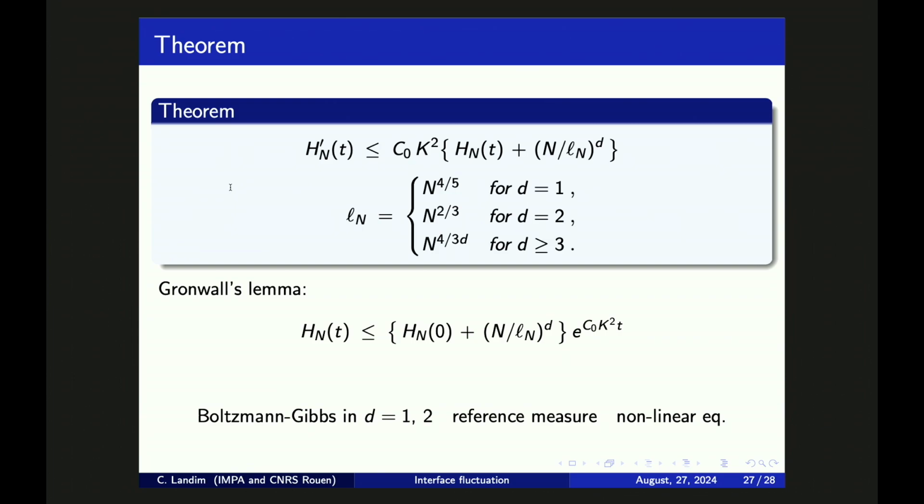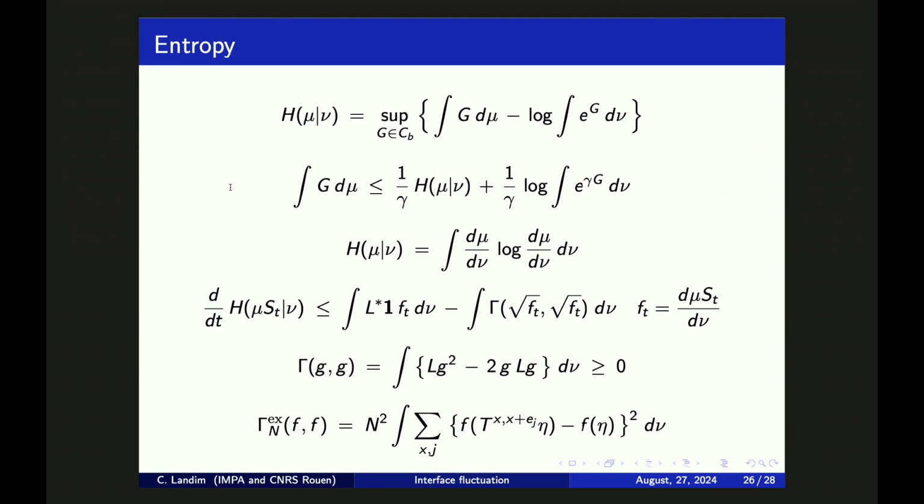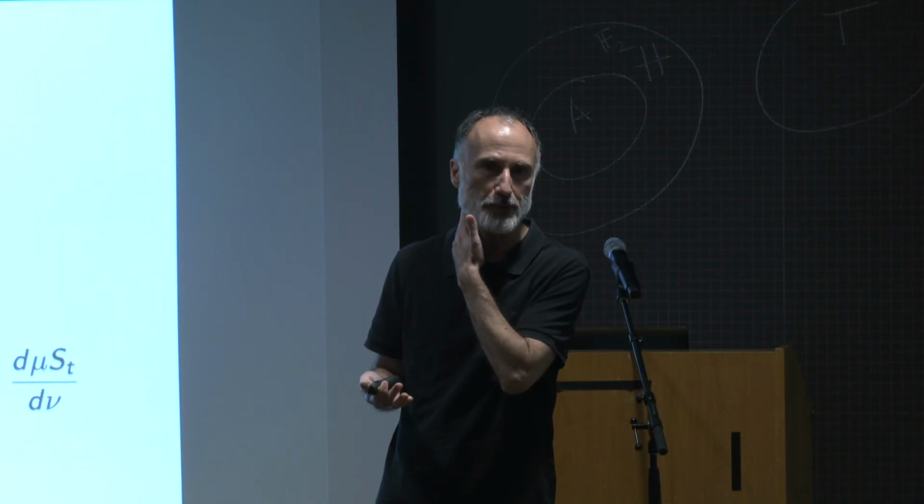Here, you're free to choose the reference measure you want. We just took the reference measure as the product measure associated to the stationary profile. Why did we do that? We are speeding up the exclusion by n squared, so we expect the state to be close to a Bernoulli measure.